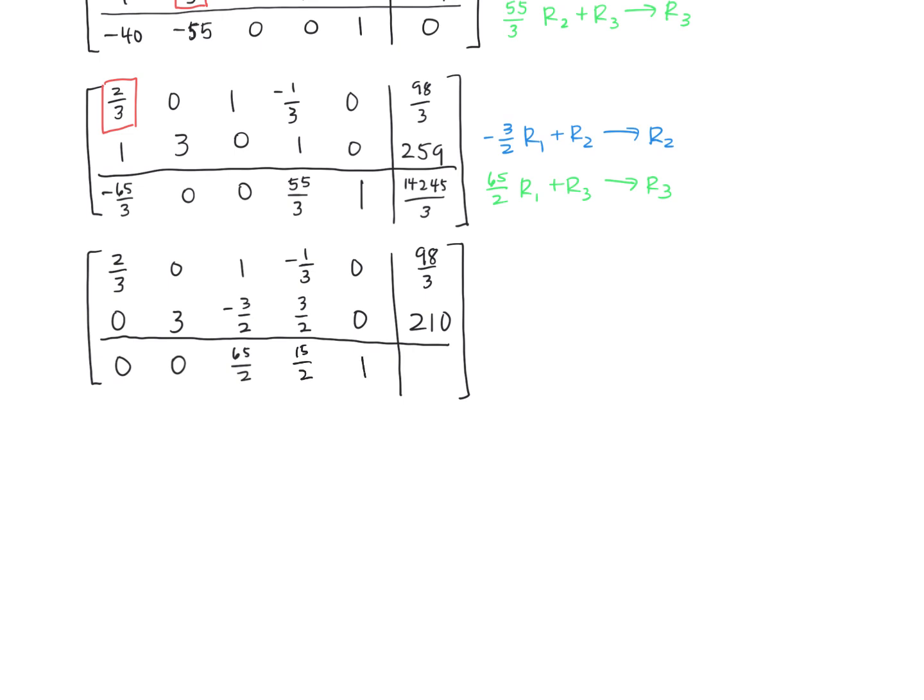And then 65/2 times 98 over 3, plus 14,245 over 3, you're going to get 5,810. All right, we have no negative numbers in the bottom row, so that means we're done.